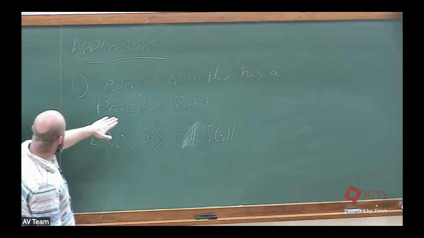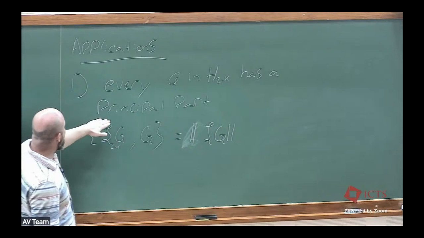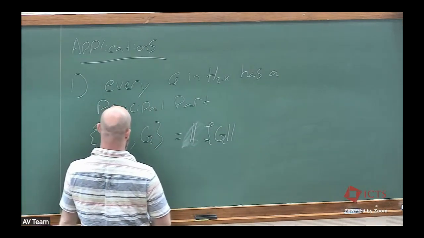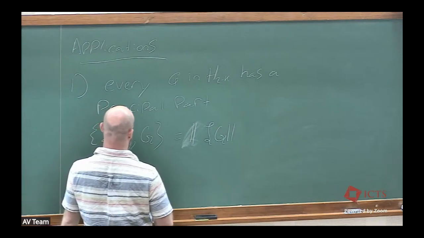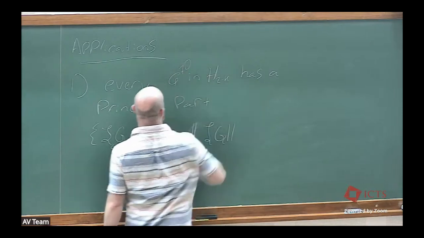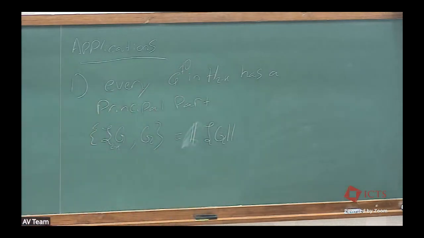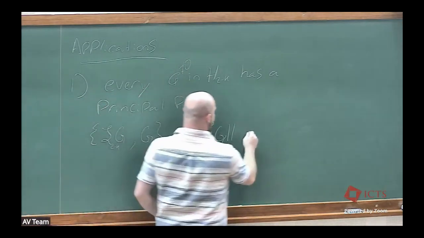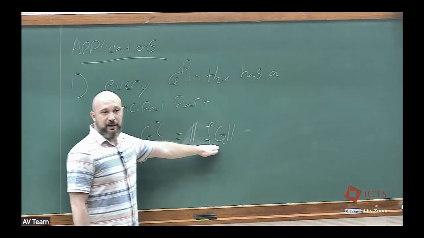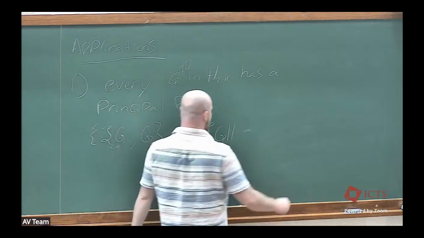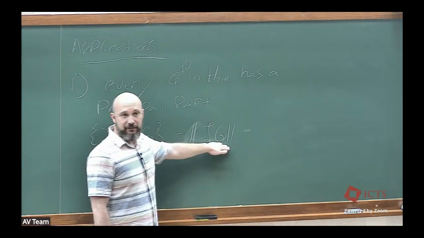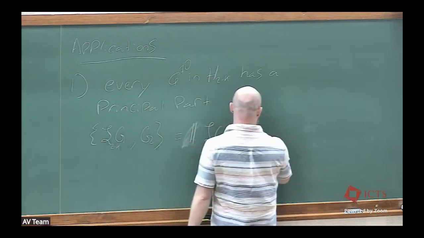So let's see, I should actually add a hypothesis here. Every G not equal to 0 in H2 minus k, right? So this right here is only going to be 0 if G is weakly holomorphic, because we know that the Petersson inner product is positive definite.